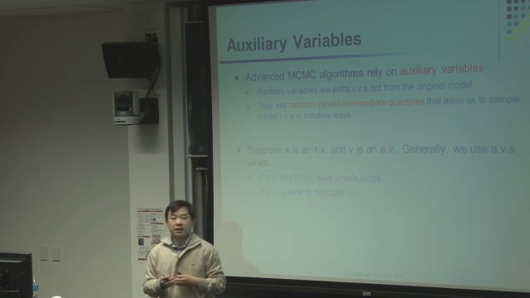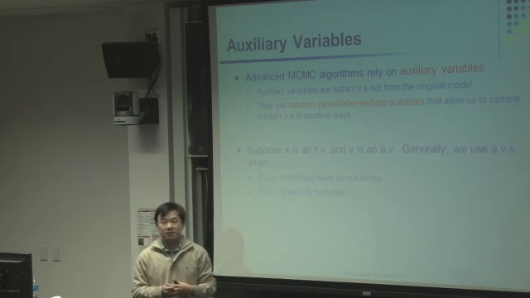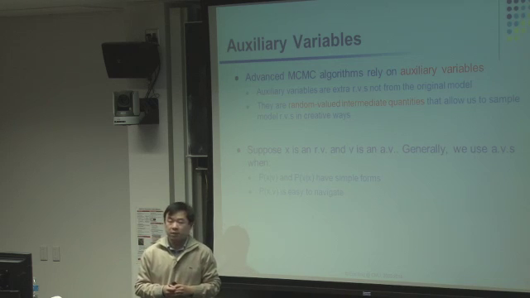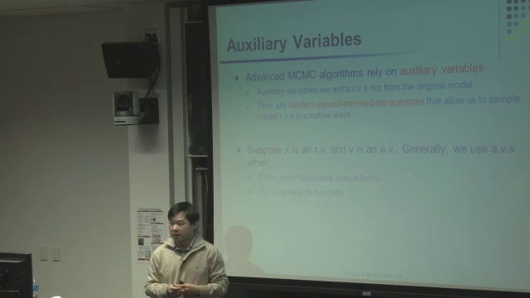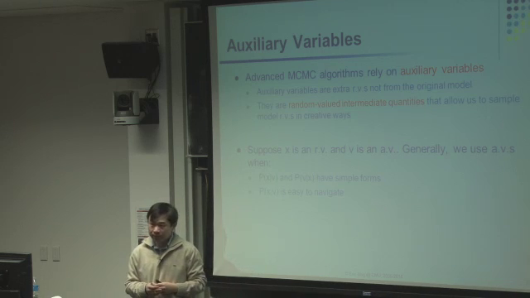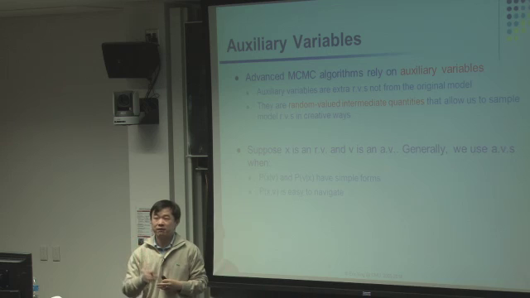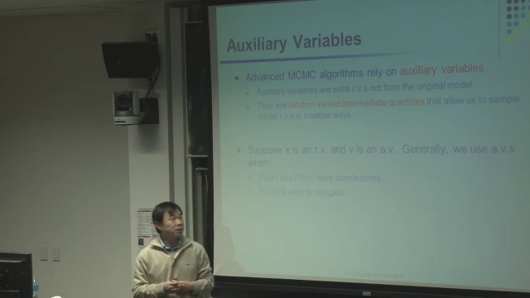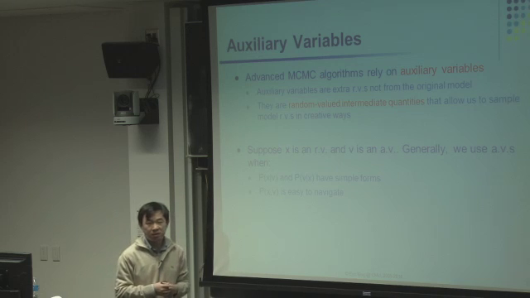So remember, we earlier said that one of the clever ideas in making MCMC very efficient is Rao-Blackwellization, which means that we want to get rid of some random variables that we don't want to sample from, right? Okay, so here I'm telling you an opposite idea.